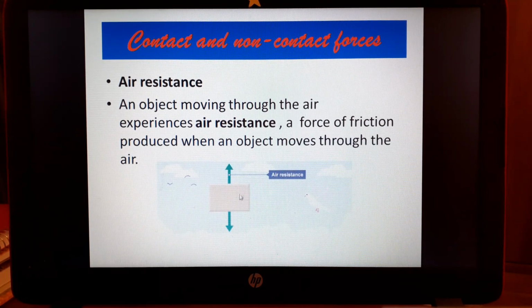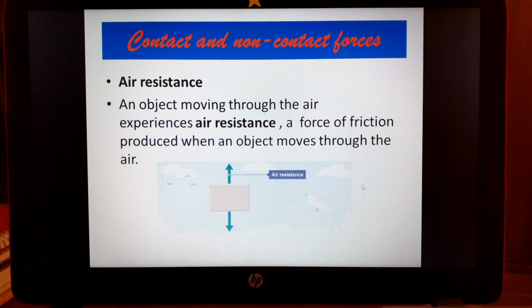This is pretty much like friction. You can call it air friction, but since it's air, we call it air resistance because it resists the direction of the pull of gravity. Air resistance is a force that prevents an object from falling at full speed down to Earth.